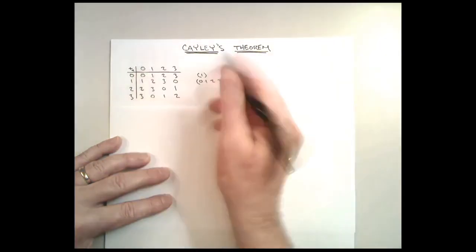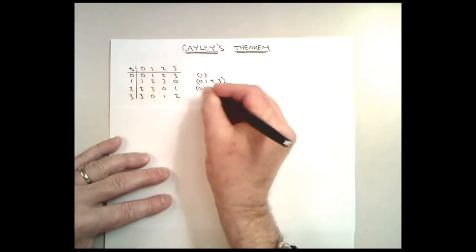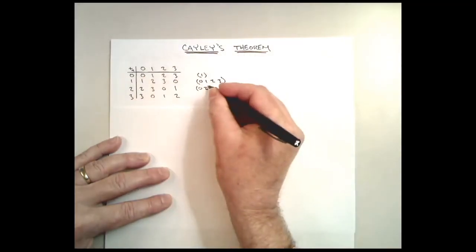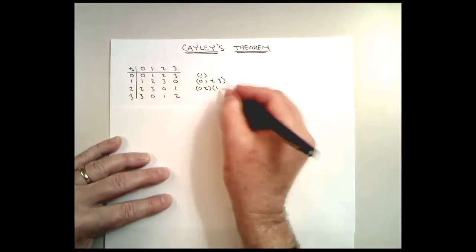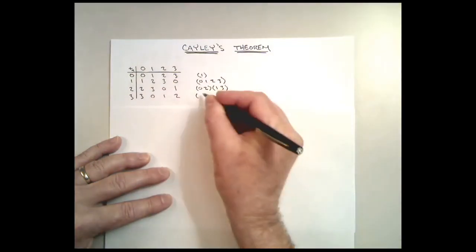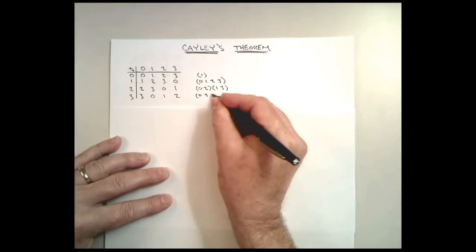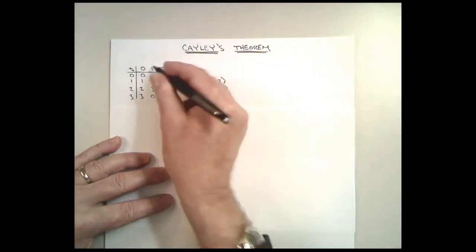The third row can be looked at as the function that sends 0 to 2, and then 2 to 0, sends 1 to 3, and then 3 to 1. And finally, the fourth row sends 0 to 3, 3 to 2, 2 to 1, and then 1 to 0.